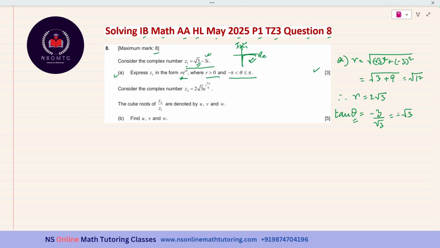If we just ignore this minus sign for a moment and treat this as tan theta equal to square root of 3, and we assume that theta is an acute angle, then the value will be pi over 3 or 60 degrees. Tan 60 degrees or tan pi over 3 is square root of 3.